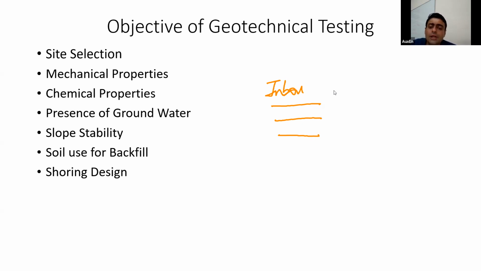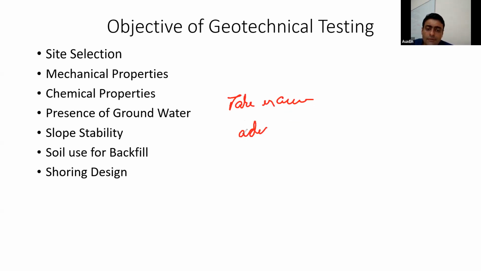So what you should do, as an experienced geotechnical engineer or experienced structural engineer, is that in whichever season you are carrying out your investigation, you should take into account adequate corrections. Are you getting this? You should take into account adequate corrections.